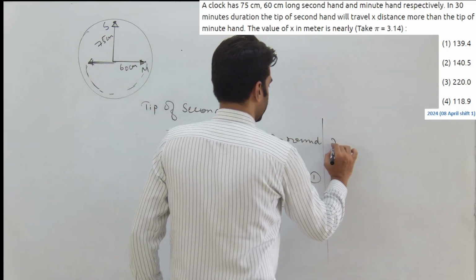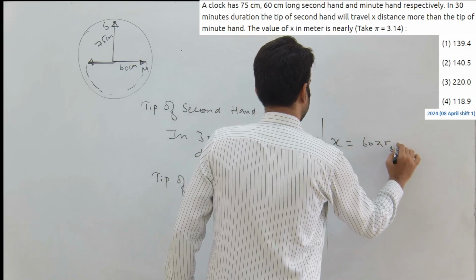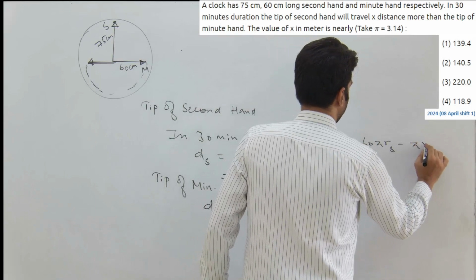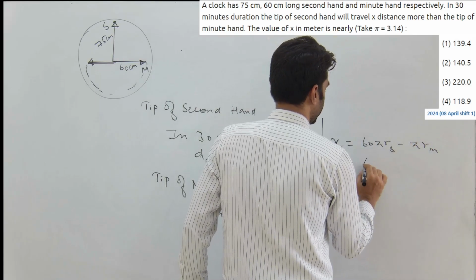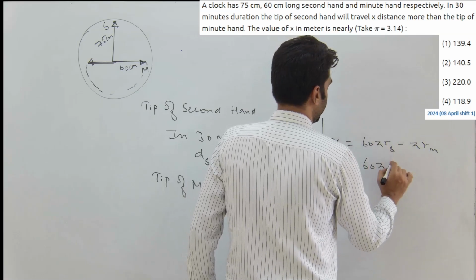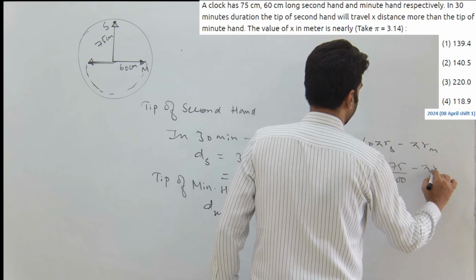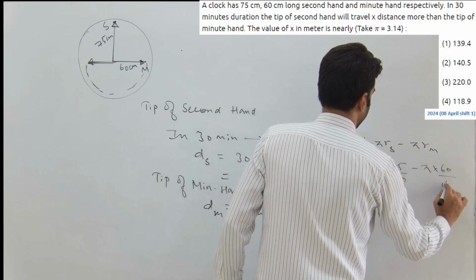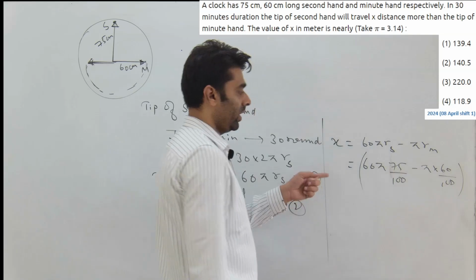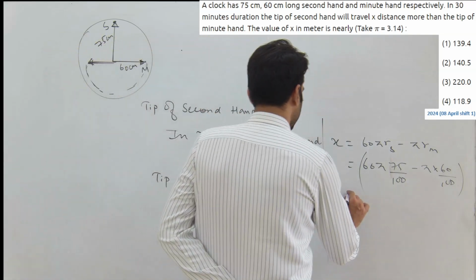So x is equal to 60 pi rs minus pi rm. Over here, rs is given to us as 75 centimeter, converting to meter, 75 by 100, minus pi into 60 by 100. From here you can see clearly that 60 pi by 100 can be taken common.